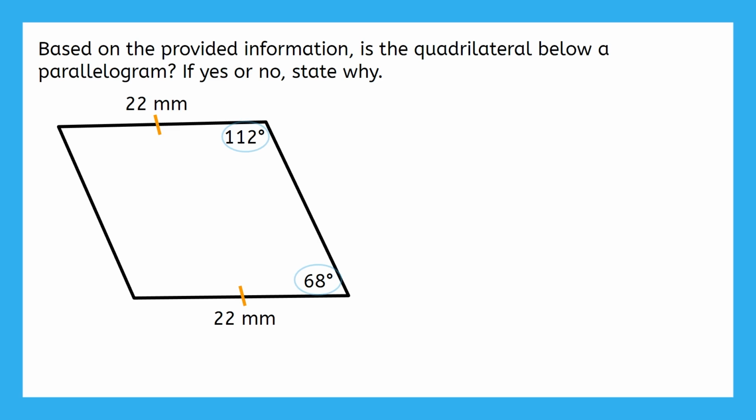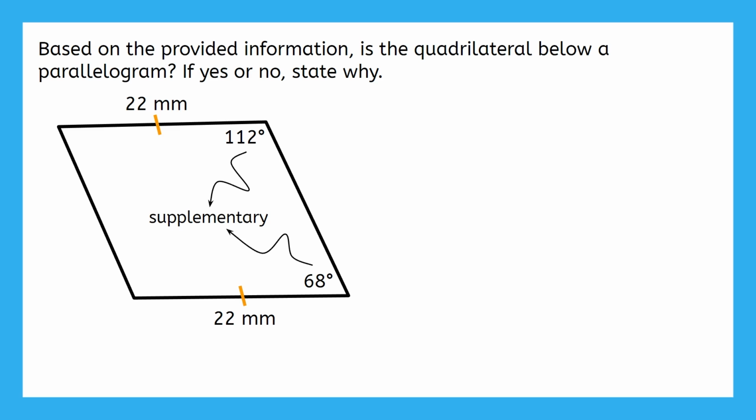But maybe those angle measurements are there for a reason, even though they're not opposite angles? Do you notice anything in particular about these 2 angle measurements? They're supplementary, because 112 plus 68 equals 180 degrees. If those 2 angles are supplementary, does that tell me anything? Hey, wait!